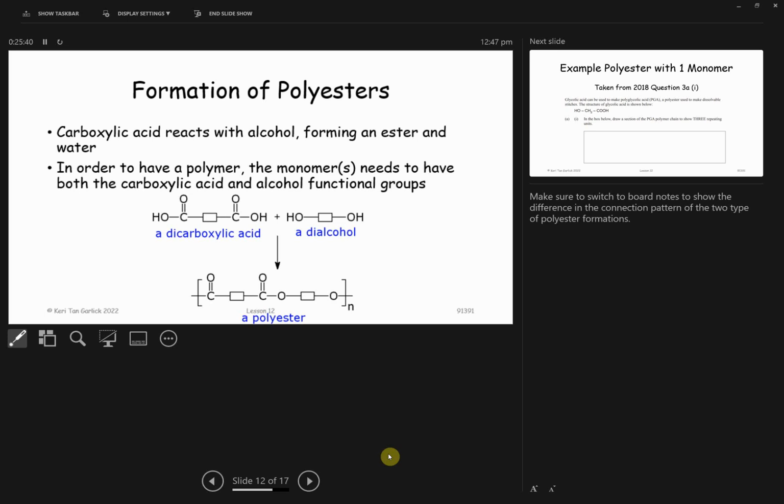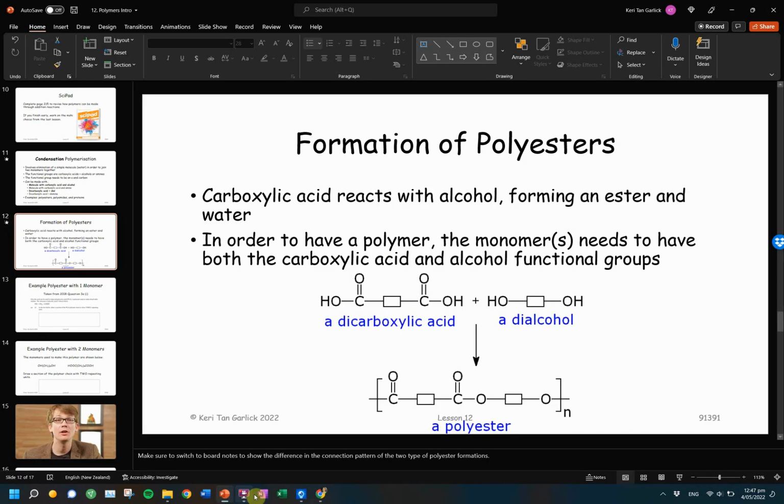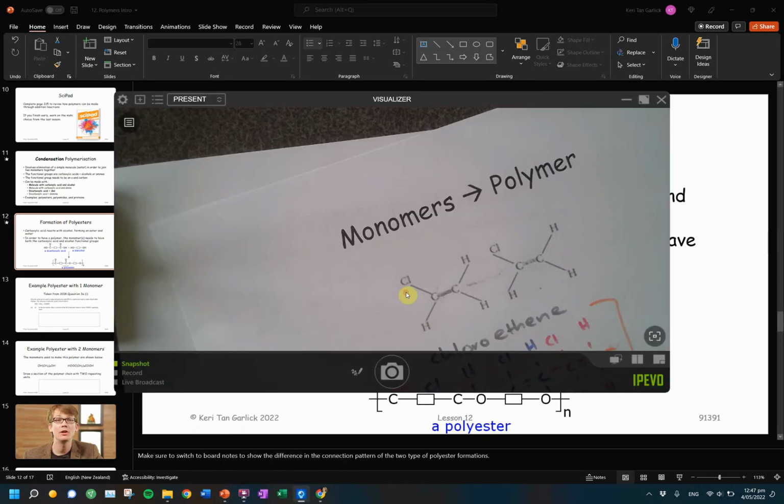Very often on these questions, they will ask you to circle the ester link. So just keep that in mind. That's why I wanted to do that as the do now, so you guys know how to identify the ester in a polyester. They also often ask you to identify the amide in a polyamide. So let's look at two exam questions so I can show it to you guys in both ways.